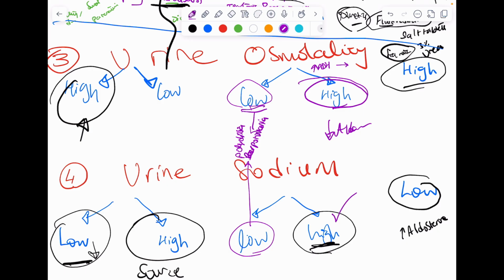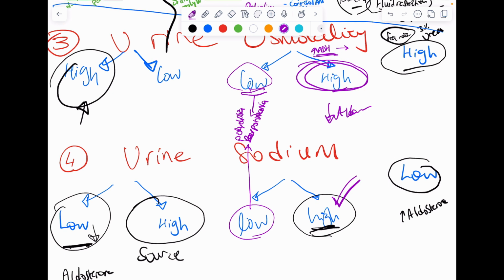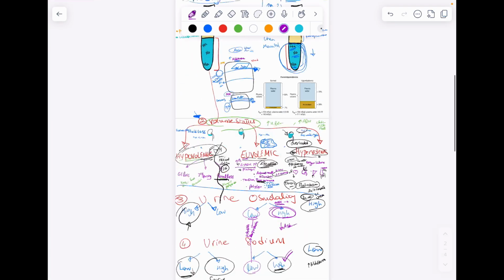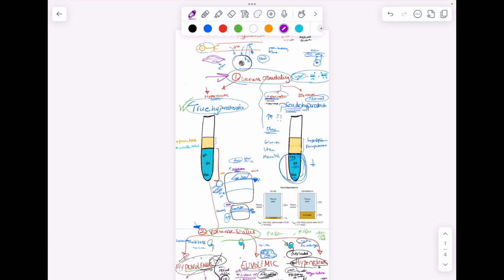So they have a high urine osmolarity because it's concentrated urine, a lot of ADH, and they have a high urine sodium because of suppressed aldosterone. And that is how you figure out for sure. So usually the first step would be to determine whether it's true hyponatremia by serum osmolality.